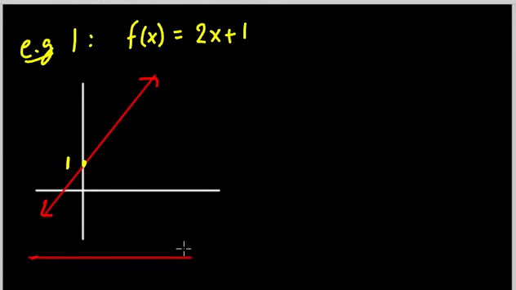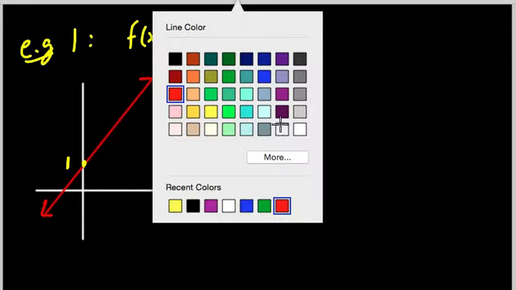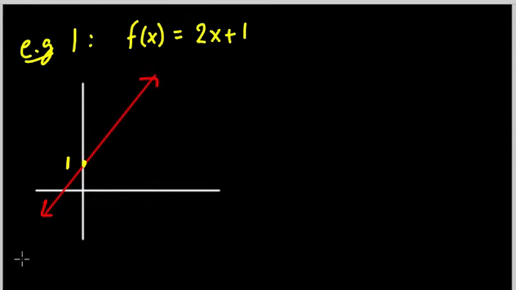So if that represents all the x's, then the blue is the actual possibility. Since it goes to infinity, it goes forever, and goes forever right there. So this is 0, and it goes towards infinity. So all the x values are part of the domain.